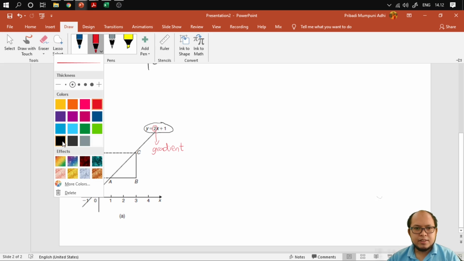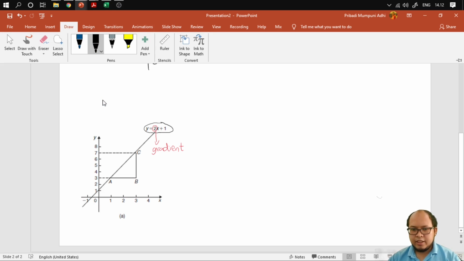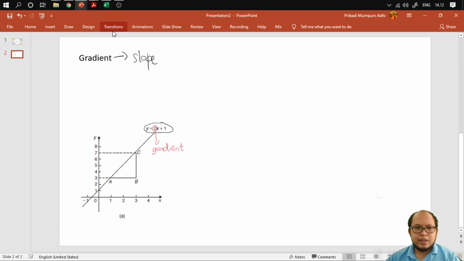By the definition, gradient is equal to the ratio.